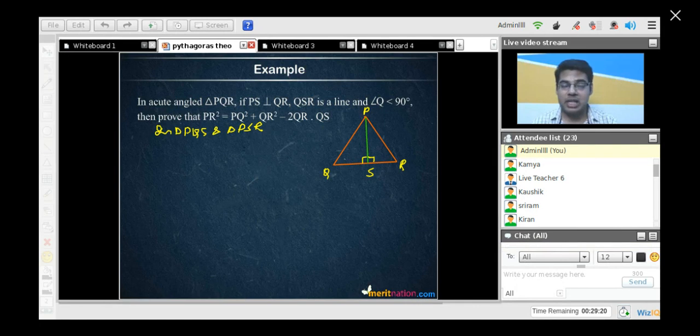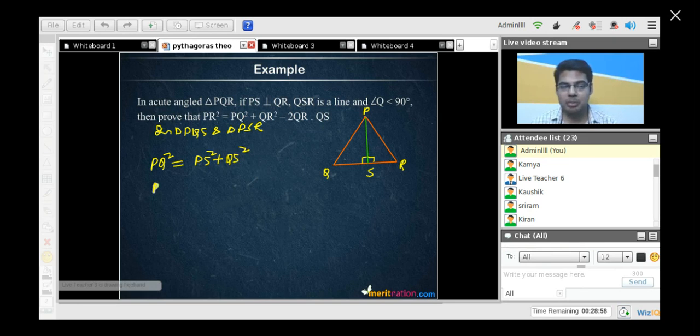Okay, so friends, in this one we should try to understand both are right angle triangles, right? So we can say that PQ square equals PS square plus QS square, right?